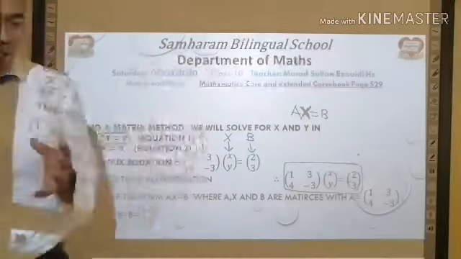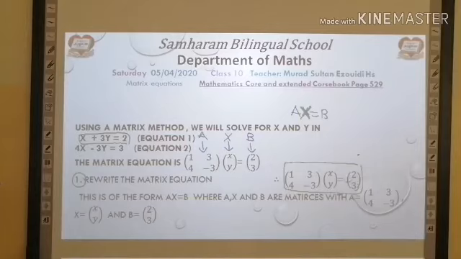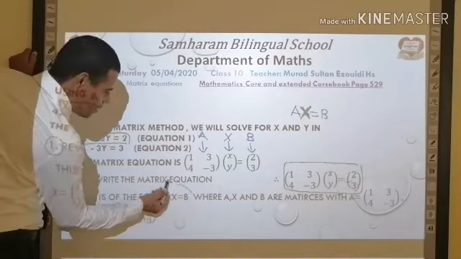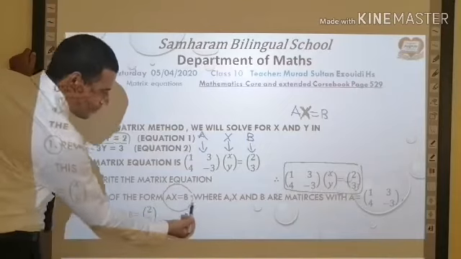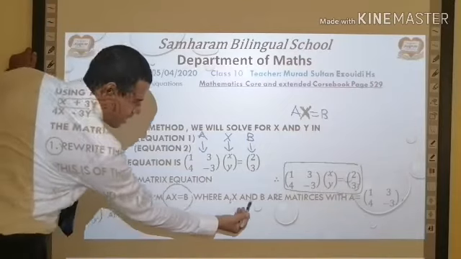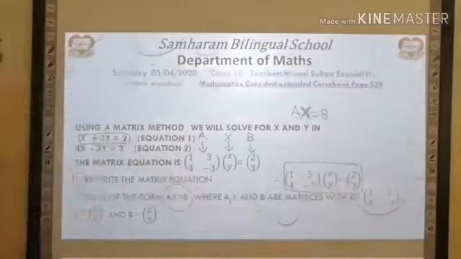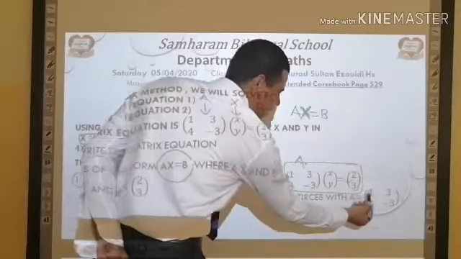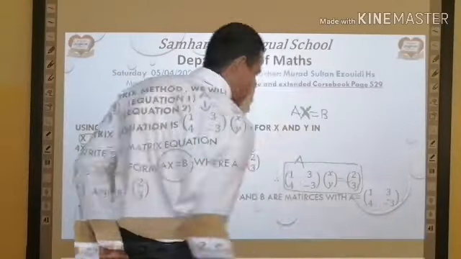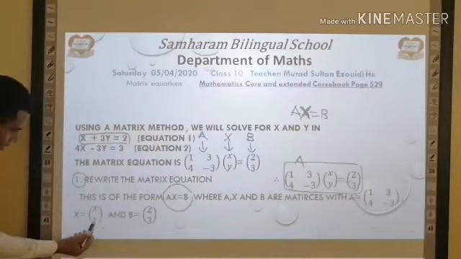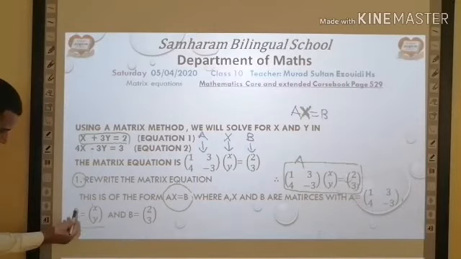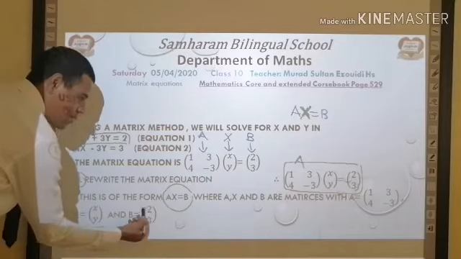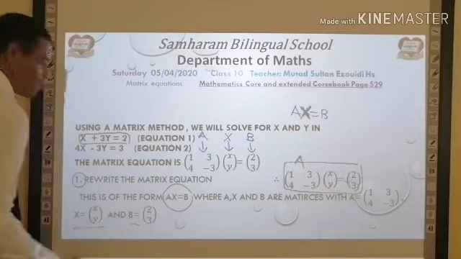So we will decide which one we will find the inverse of. This is of the form AX equals B, where A, X, and B are matrices. A is the matrix 2 by 2: 1, 3, 4, negative 3. X is a column vector, a matrix 2 by 1. And B is a matrix 2 by 1, which is 2 and 3.